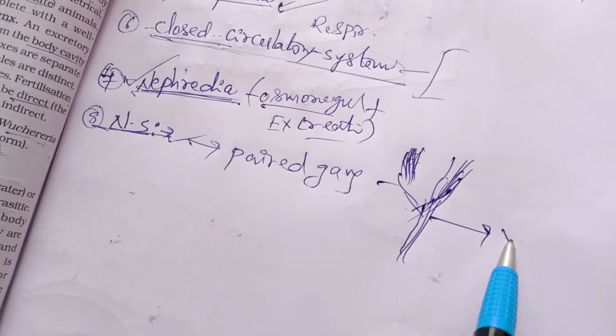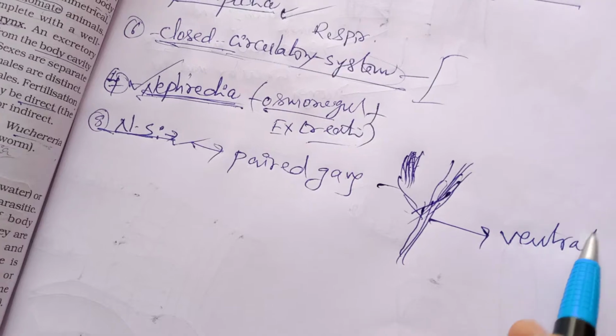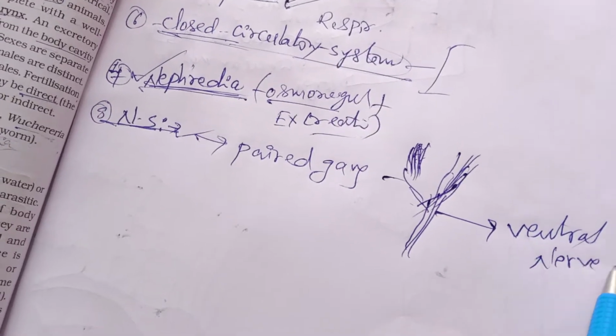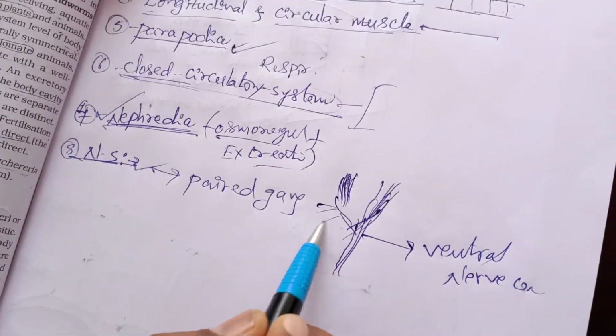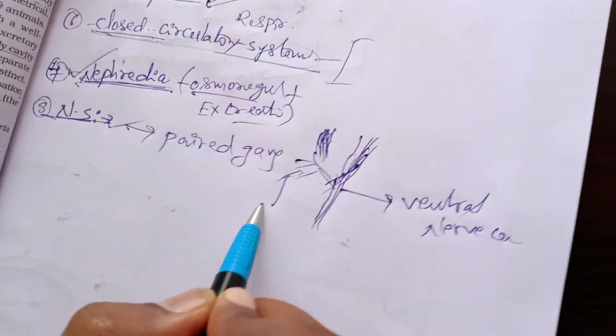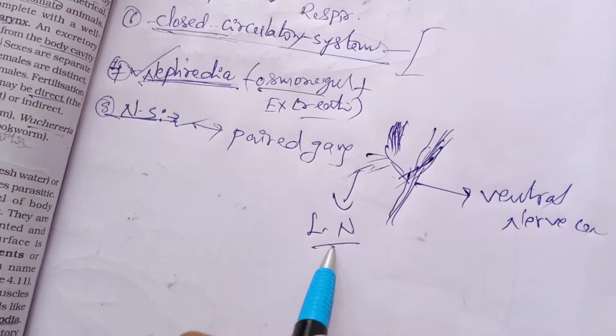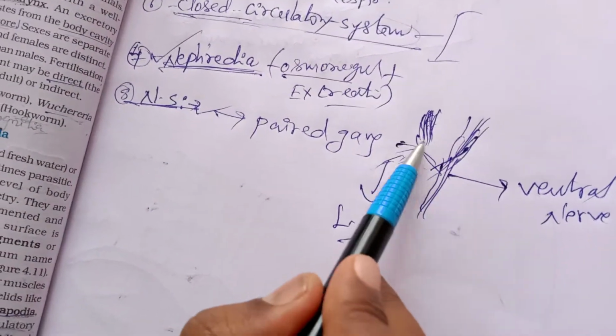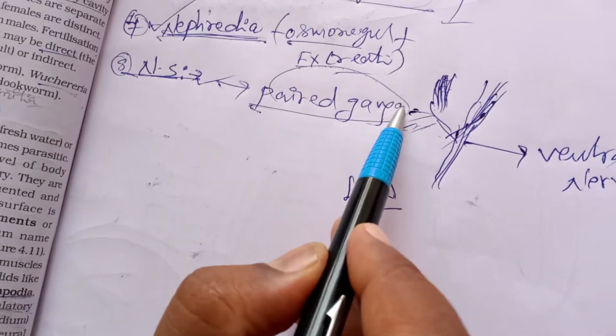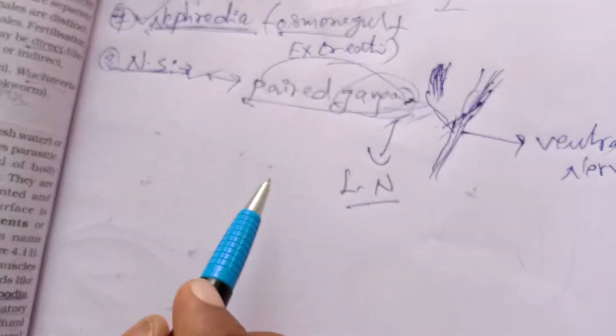This one is the ventral nerve cord, and these are the lateral nerves. Due to this pairing, the paired ganglia form. Ganglia means a bundle of neurons.